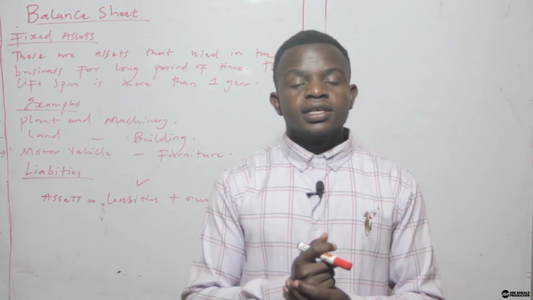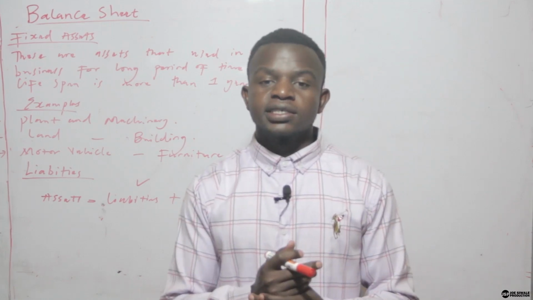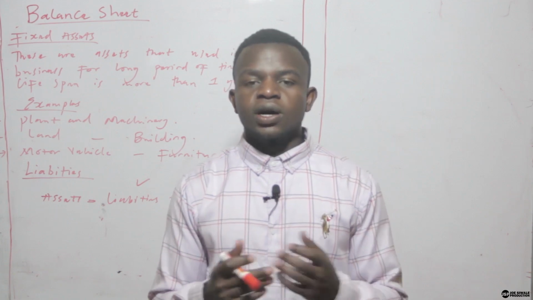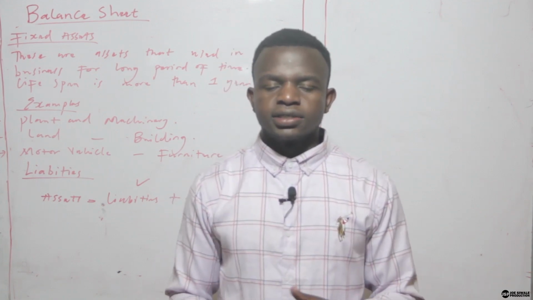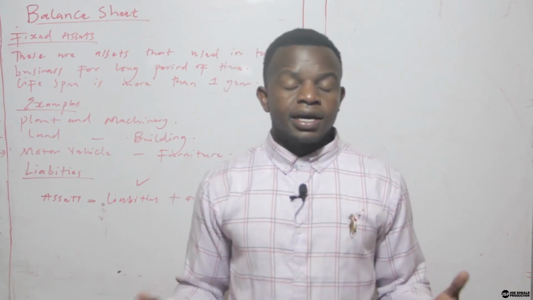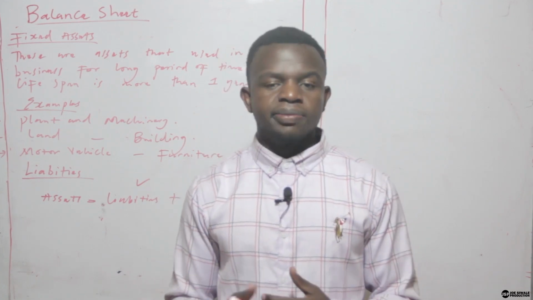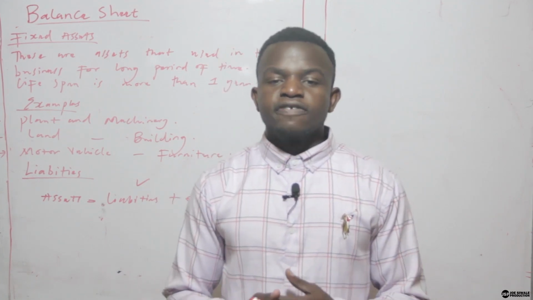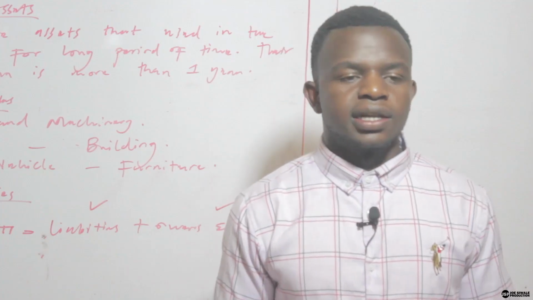And to define liabilities, liabilities are defined as debts or financial obligations that have to be paid back to outsiders. And these outsiders are not business owners. So that's the definition of liabilities. And liabilities can be divided into two parts. So we have current liabilities, and we also have long-term liabilities. So what do we mean when we say current liabilities?